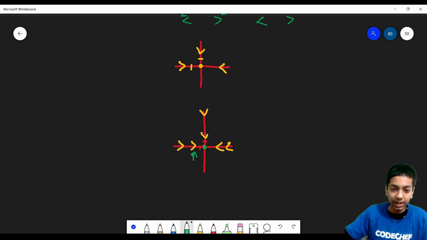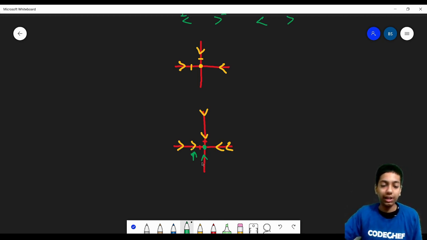Like if this is one ant, this is one ant, and there could be another ant like this, which has the same distance. So there are three ants colliding. So basically, it's better that we calculate the collisions happening at the origin differently than what's happening otherwise, right? Because then we would have counted three collisions, but there's only one collision that is actually happening, right? So it's better to calculate collisions happening at the origin plus the collisions happening externally, right?